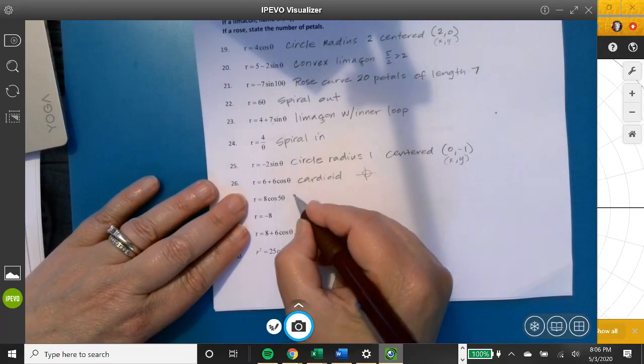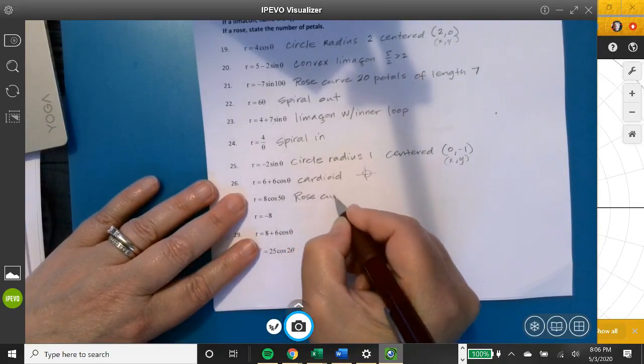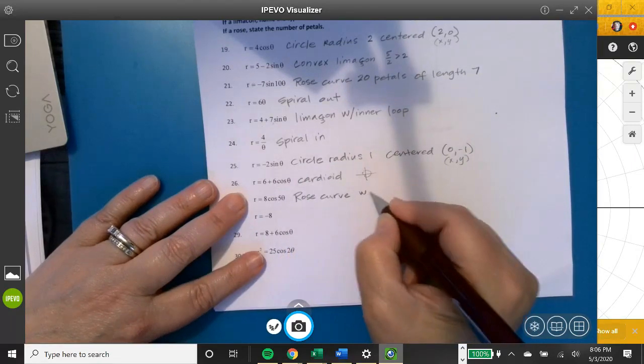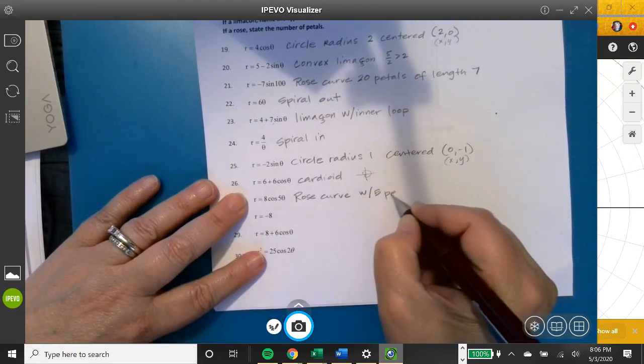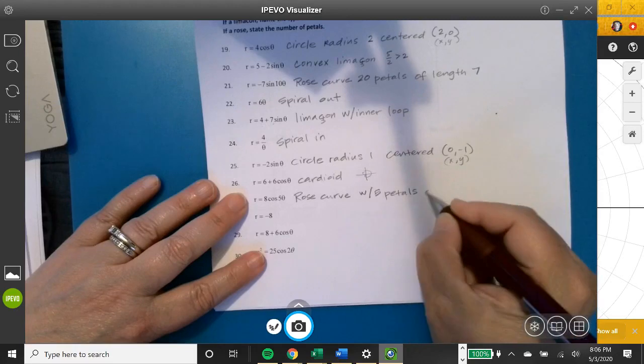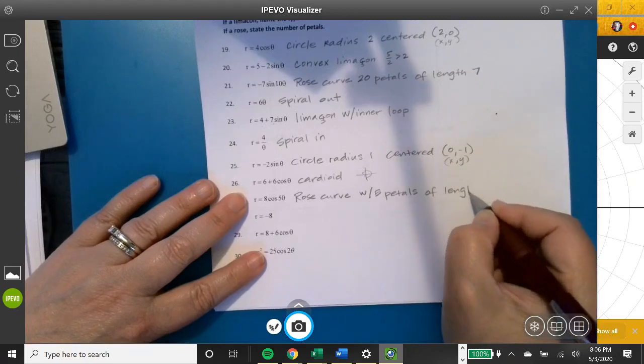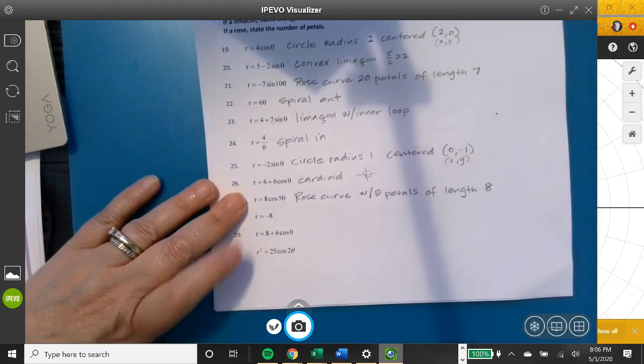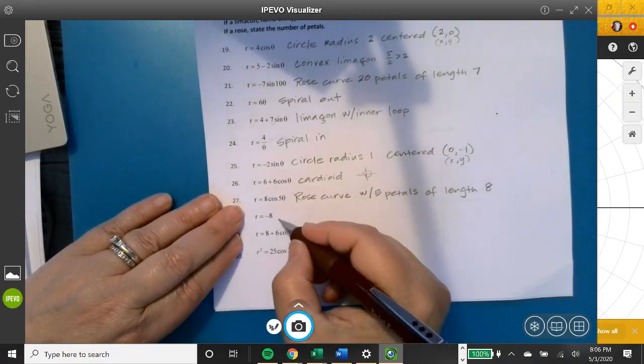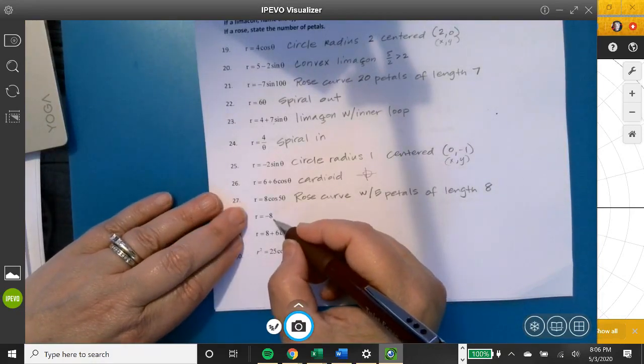Okay, 8 cosine 5 theta. Well, this is a rose curve with how many petals? You're right, 5 petals of length 8. R equals -8. Now, we didn't do an R of -8, but that just means I'm rotating.